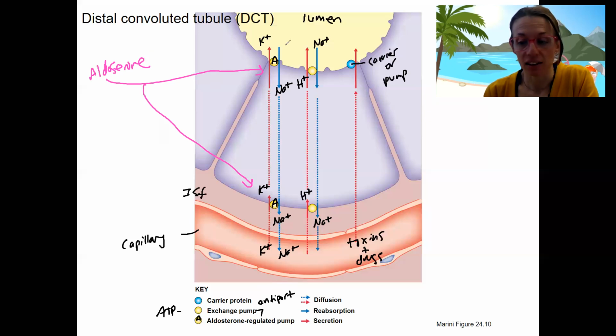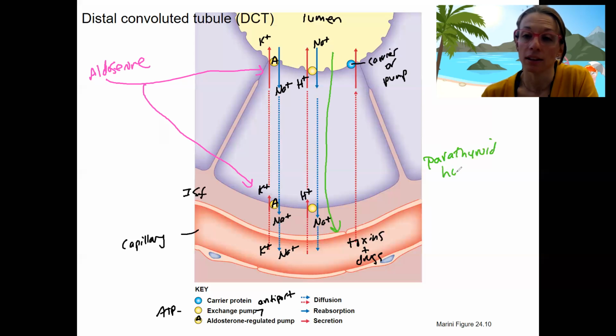The last thing for the distal convoluted tubule is calcium reabsorption. So we want to reabsorb calcium. That means this way. Parathyroid hormone is stimulated by low calcium, remember?